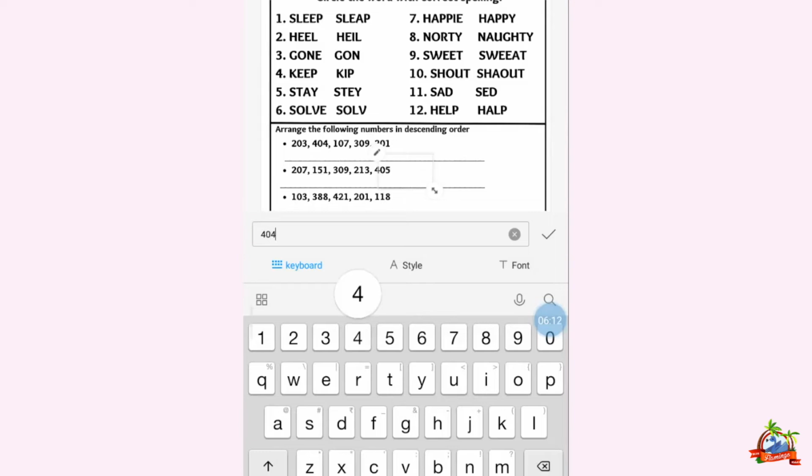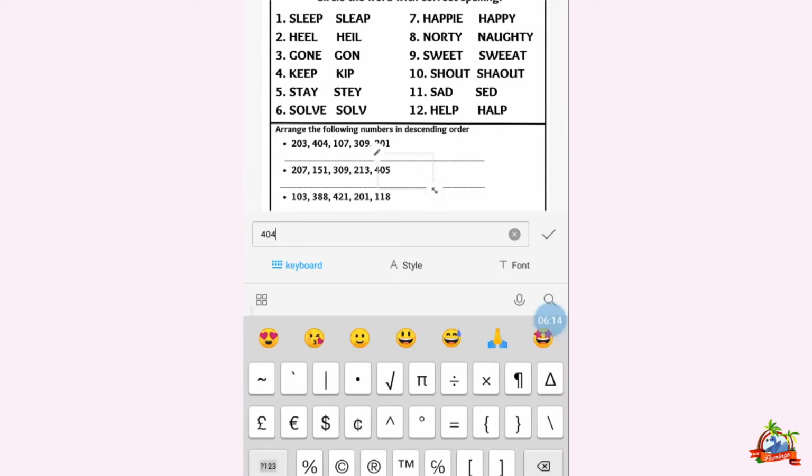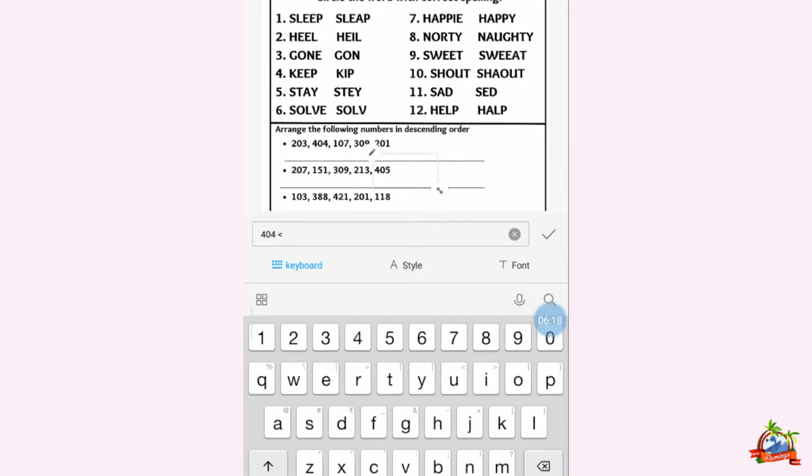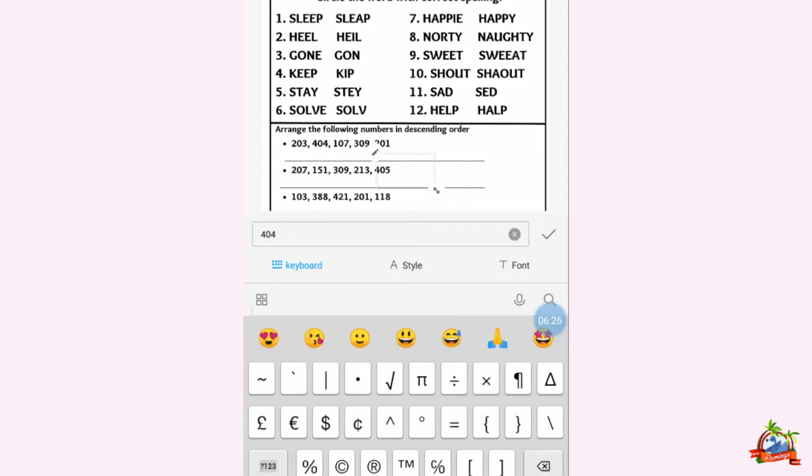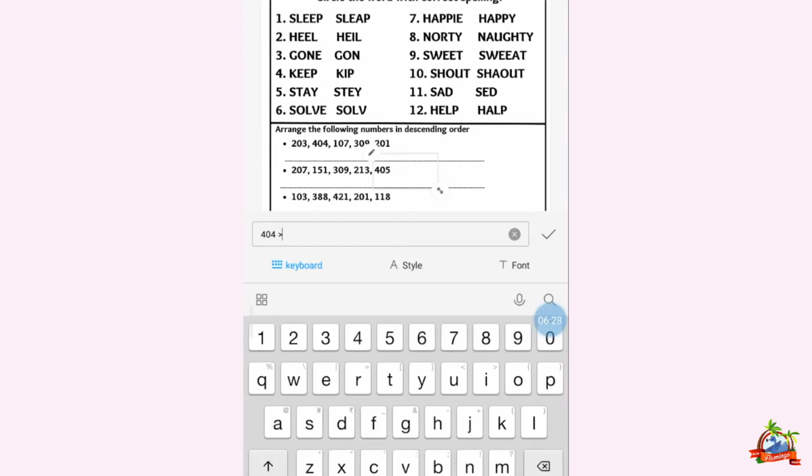After that, okay, this will be the sign. After that, 404 से छोटा कौन सा नंबर होगा? 309.